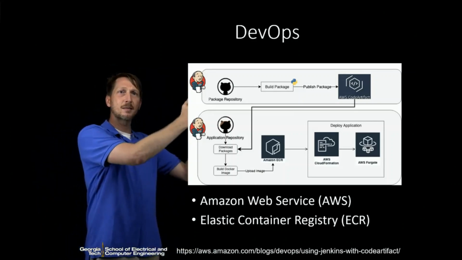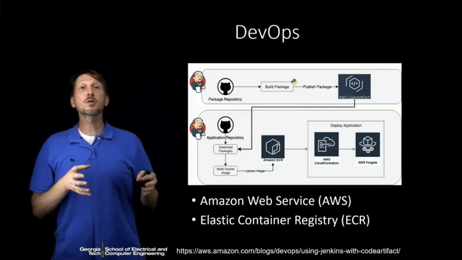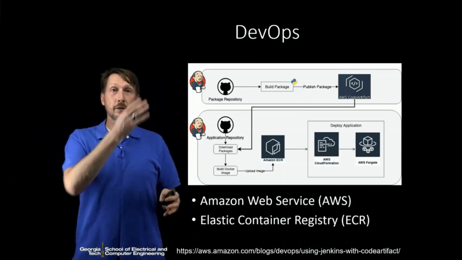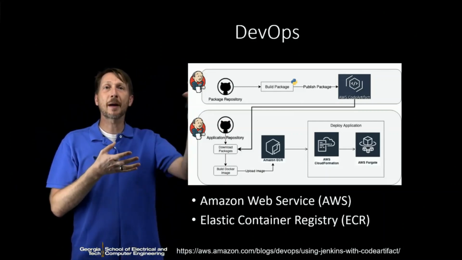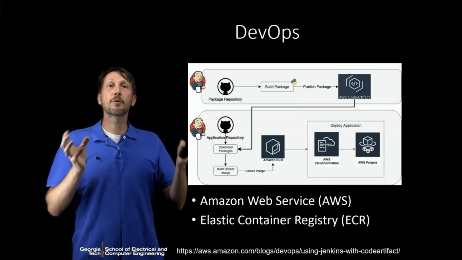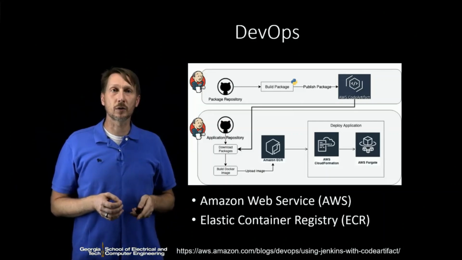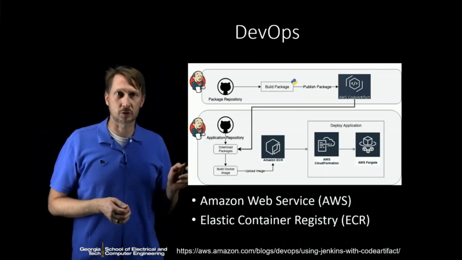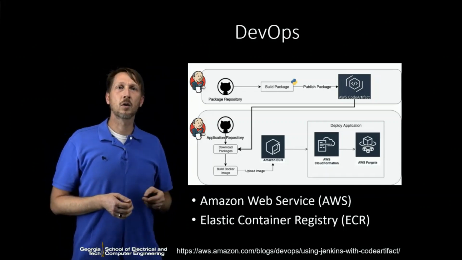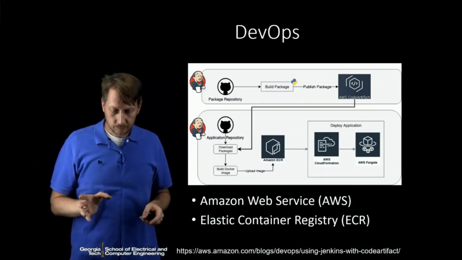The package is tested before it is joined into the larger repository that's shown at the bottom. This larger repository pulls in the packages and puts them together into a software load that is moved out into an Elastic Container Registry and deployed on Amazon Web Services.